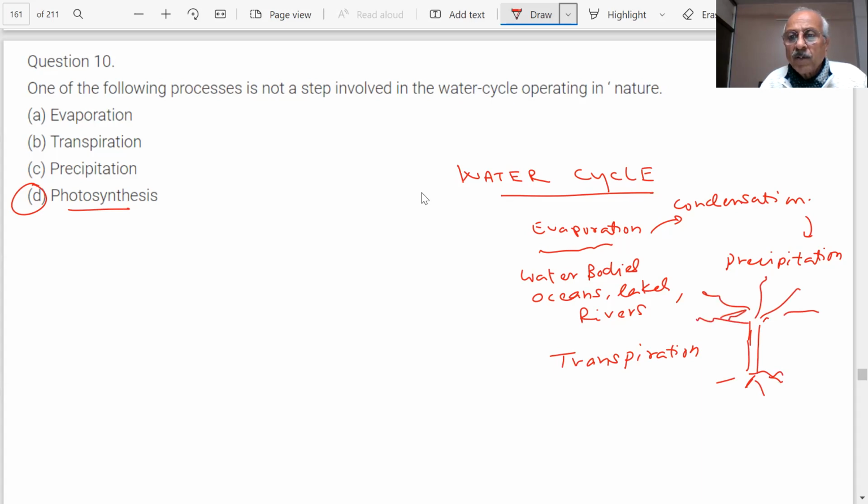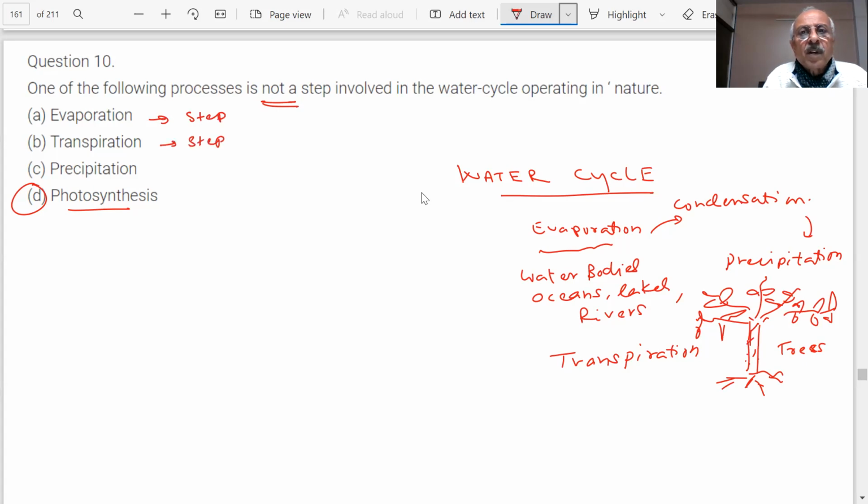Tell me, you are now getting some idea what we are talking about. What are these plants doing? They lose water. So plants also give out water. What is that called? Transpiration. This is a step in the water cycle.